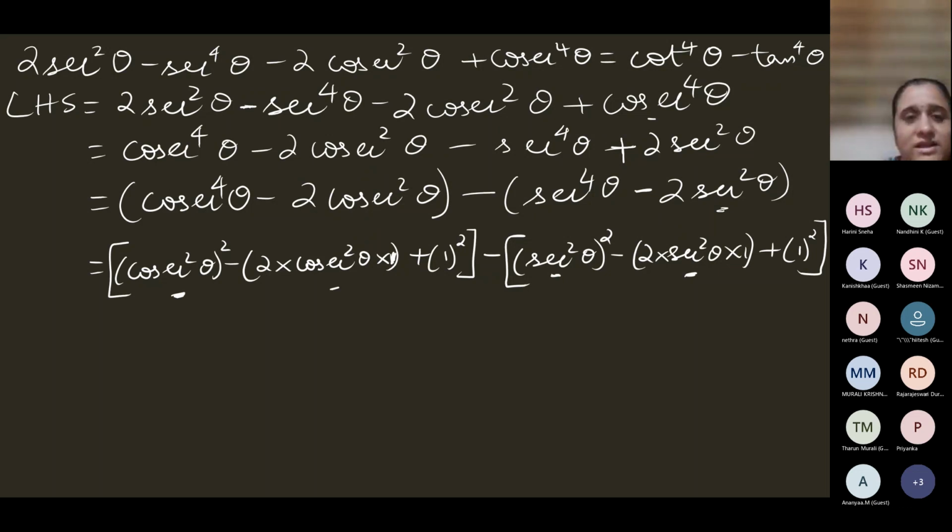In the first bracket we have written plus 1, and in the second bracket also plus 1, but with a minus outside it's minus 1. So it's like plus 1 minus 1, which is 0. You have not made any change in the expression.